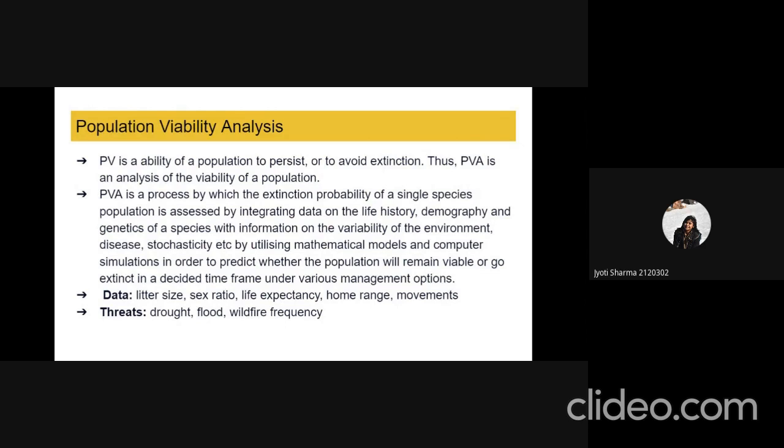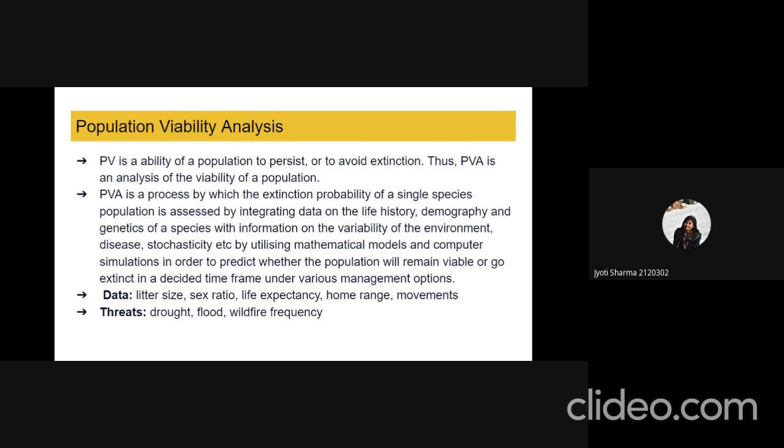So this can be analyzed based on mathematical models or computer simulations, where as input we give some inputs such as the sex ratio, the life expectancy, the home range, and even the threats, like if there may be flood or drought.